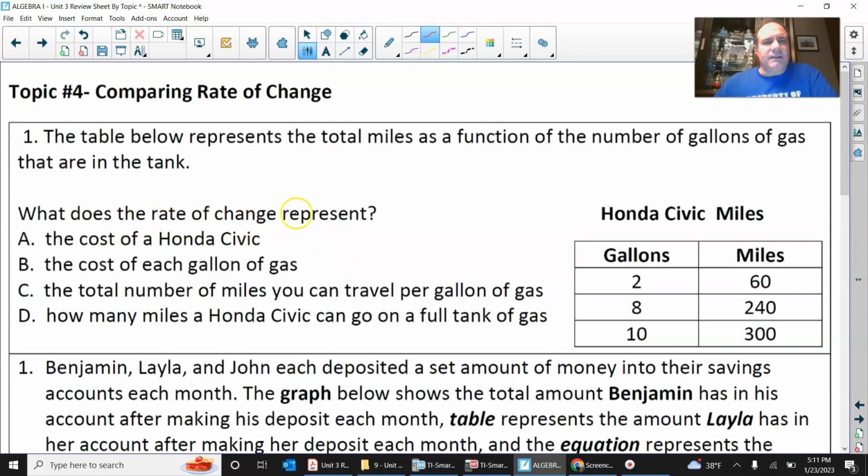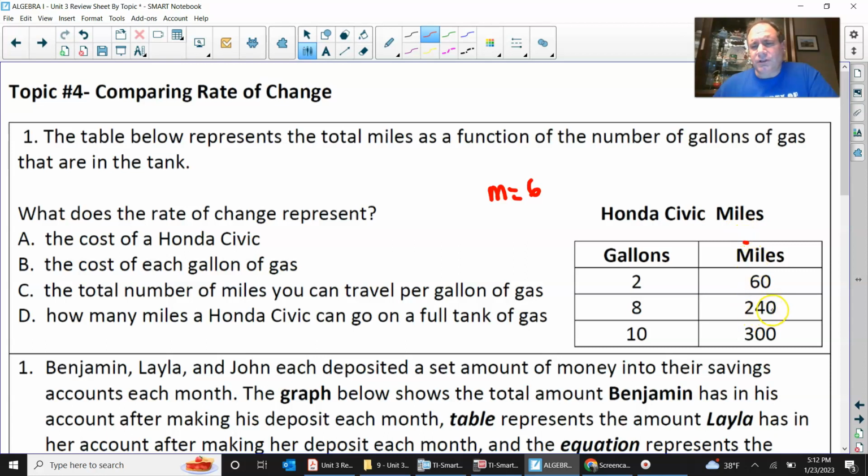What does the rate of change represent? This is not really rate of change. This is just asking what it represents in the context of the problem. So just remember, I have to sometimes put something together like this. Here are the miles, so this is Honda Civic miles.